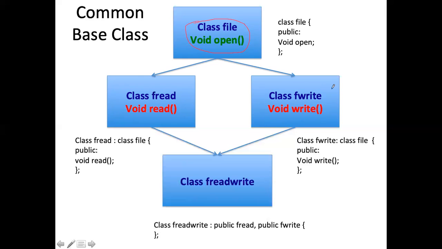And then add inheritance to it. So what is this structure telling you? This structure is telling you that class f read is inheriting from class file and class f write is inheriting from class file again. And then you have a class f read write which is inheriting from f read and f write.